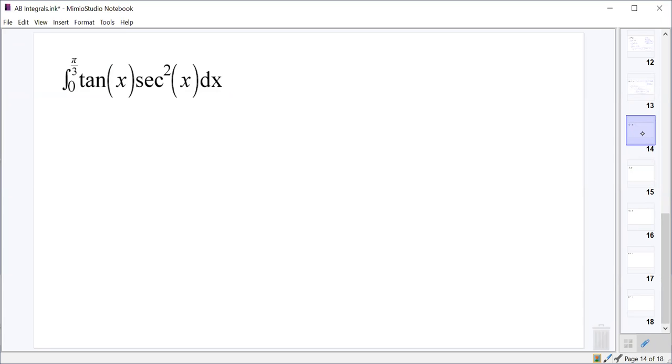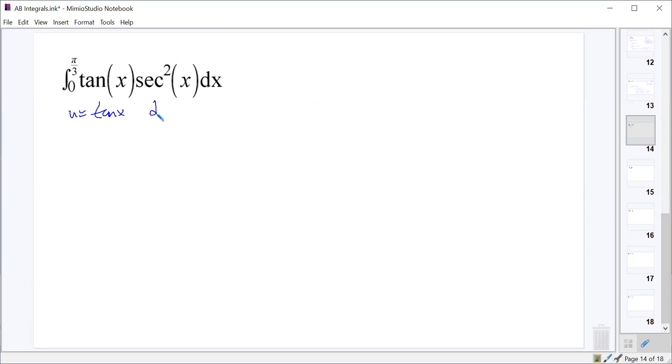So does anybody see a u substitution that they think will work out nicely? Tangent x. All right. Tangent x seems like a good choice, right?